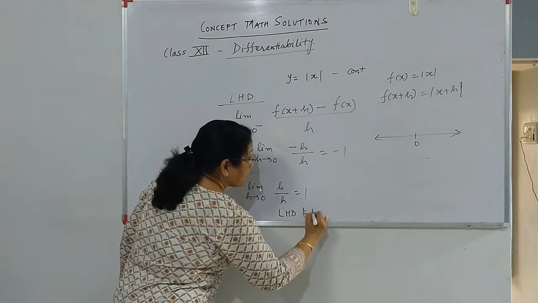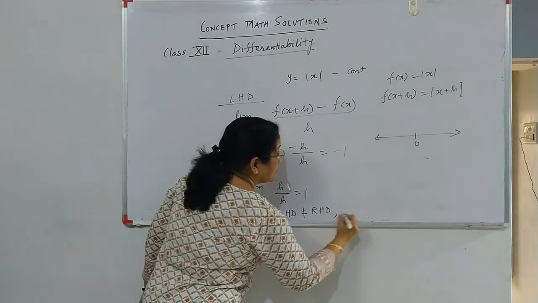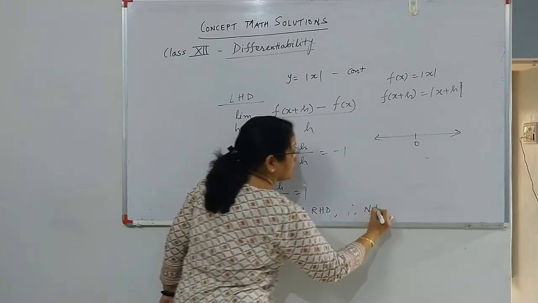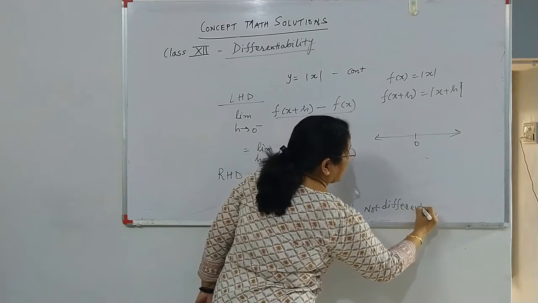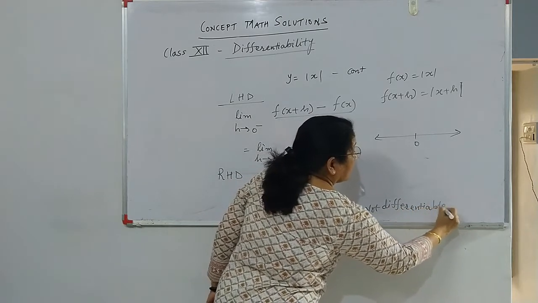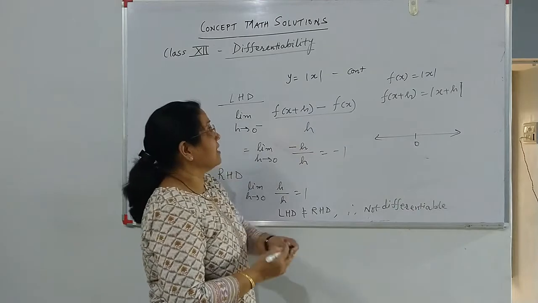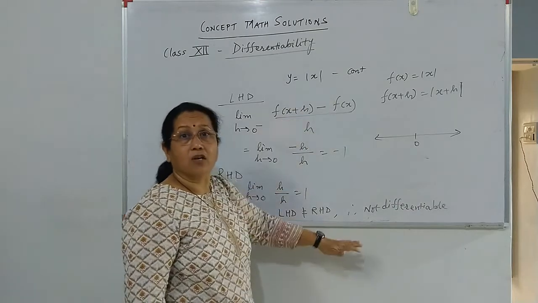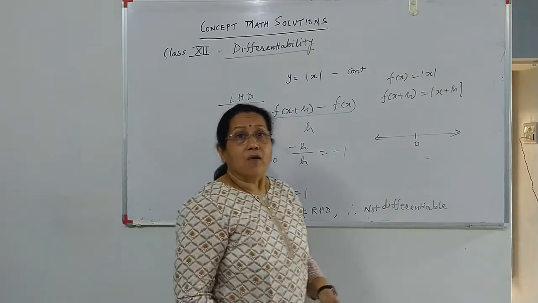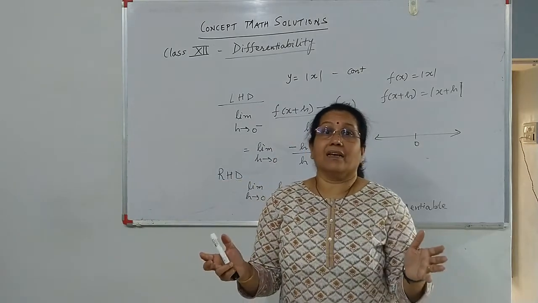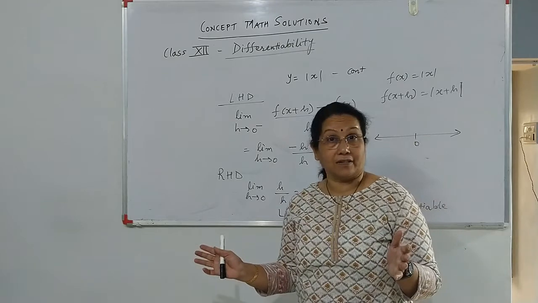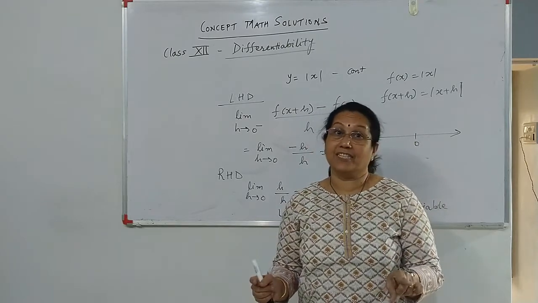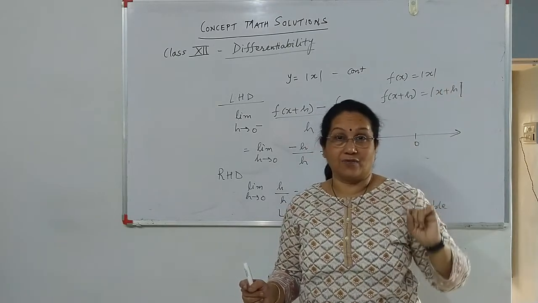Therefore, it is not differentiable. That is, though this is a continuous function, it's not differentiable. That means we conclude one thing: it's not necessary that the function would be differentiable if it is continuous. But yes, if it is differentiable, then it must be a continuous function.